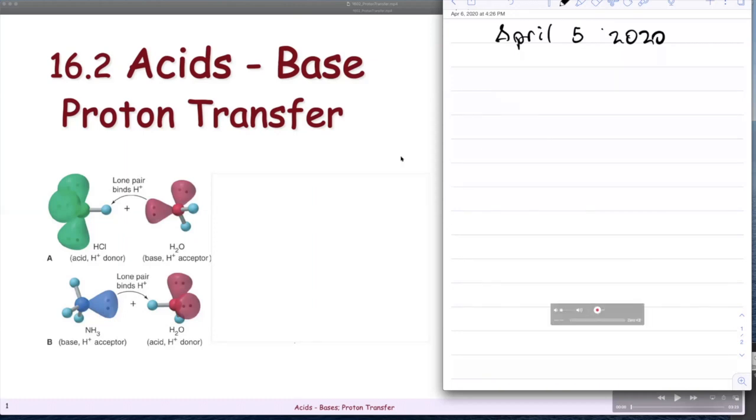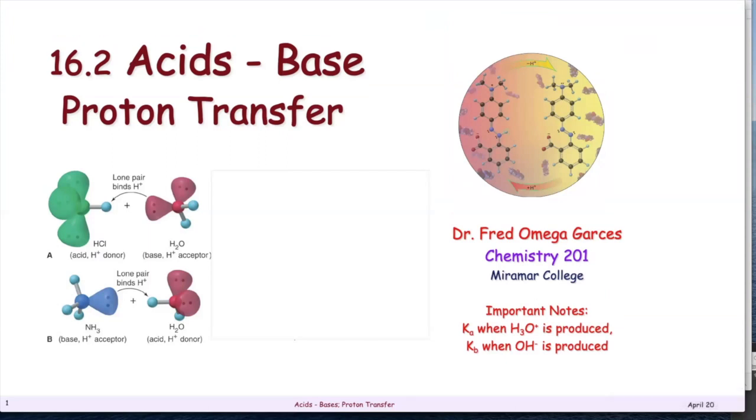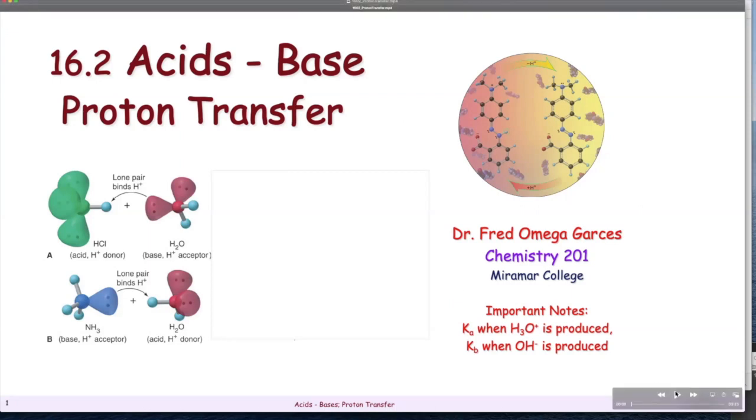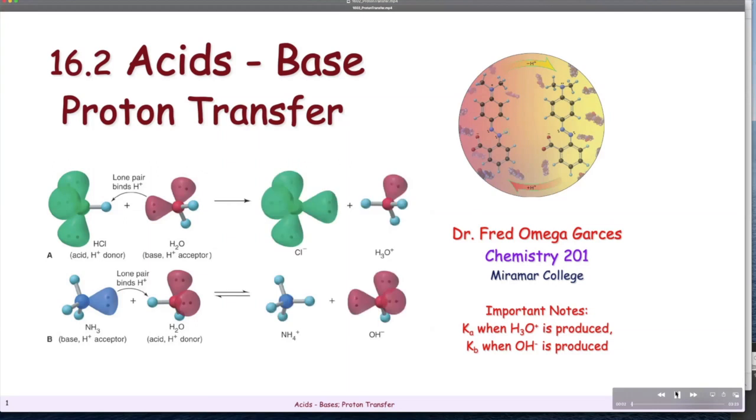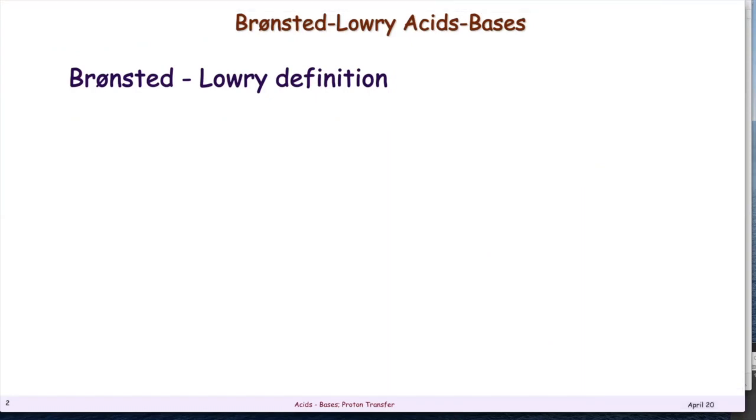Okay, in terms of this acid-base chemistry material, what we have here is an equilibrium process, and the equilibrium involves proton transfer. What happens to an acid is that it donates its hydrogen.